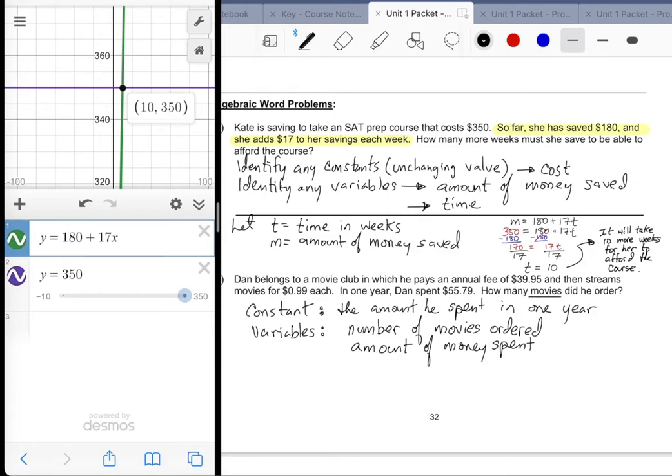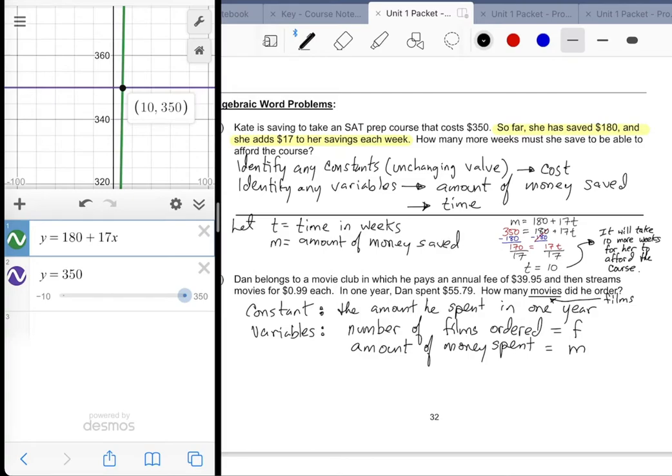It's kind of a weird thing, but the Regents kind of frowns upon you just changing their variables willy-nilly without you indicating as much. All right, so the number of films ordered, or I guess I could have let it equal N too, but whatever. So F and M for the money spent.